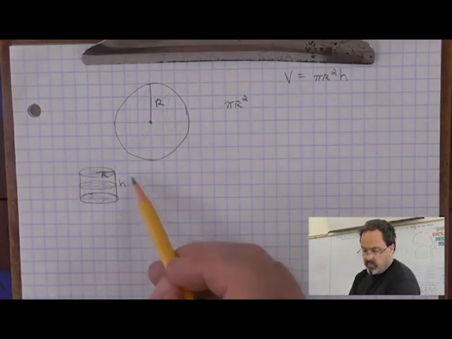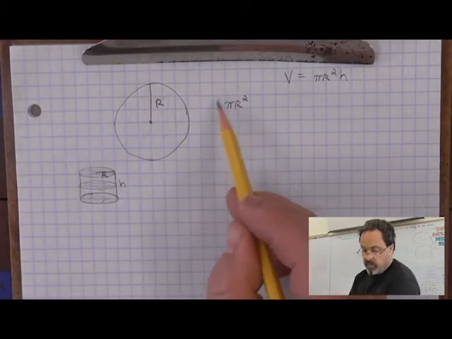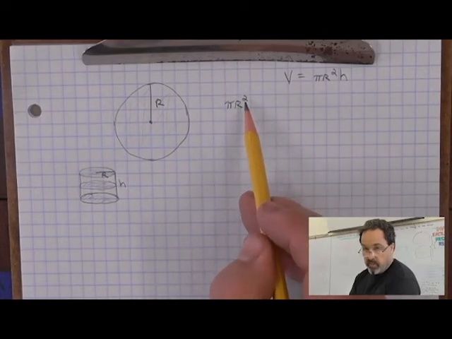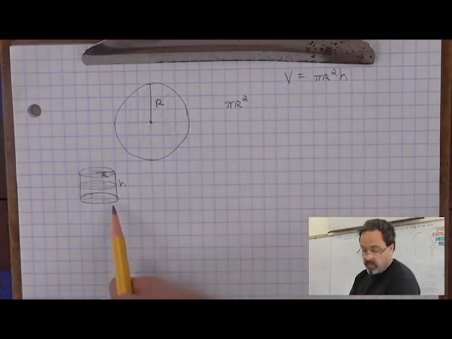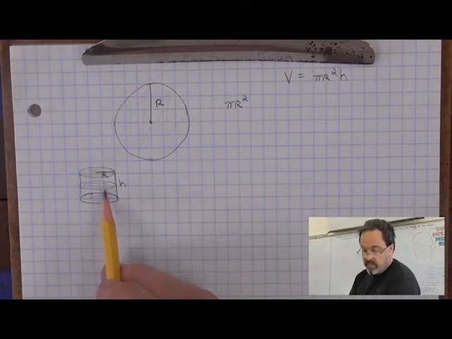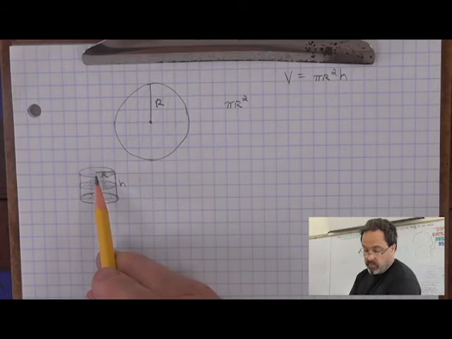But what does that have to do with the expression pi r squared and the concept of stacking an infinite number of infinitely thin disks to create this volume?